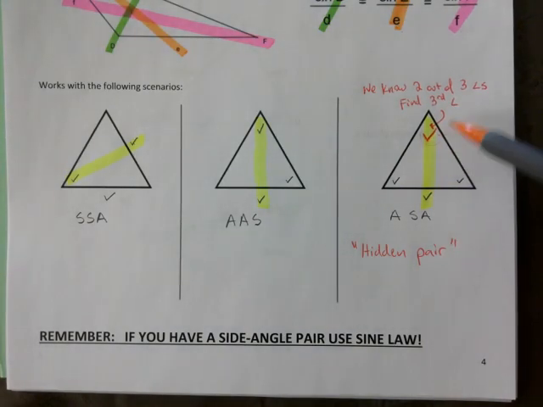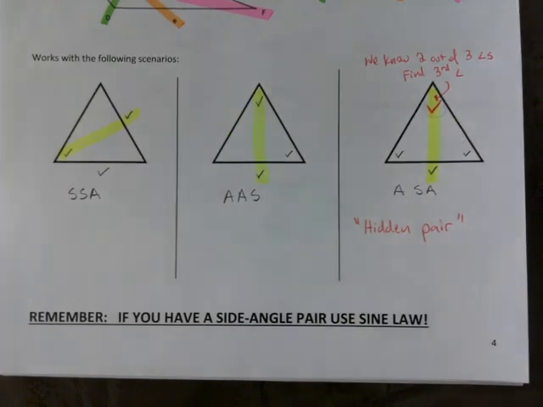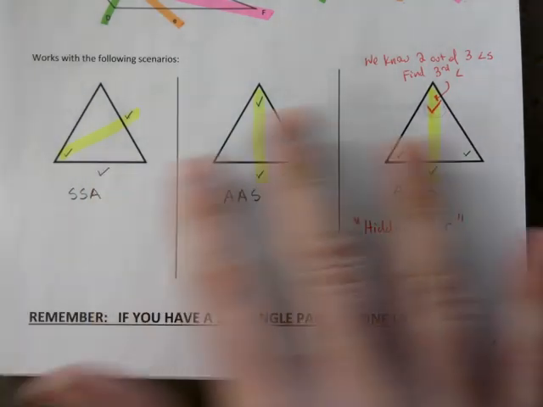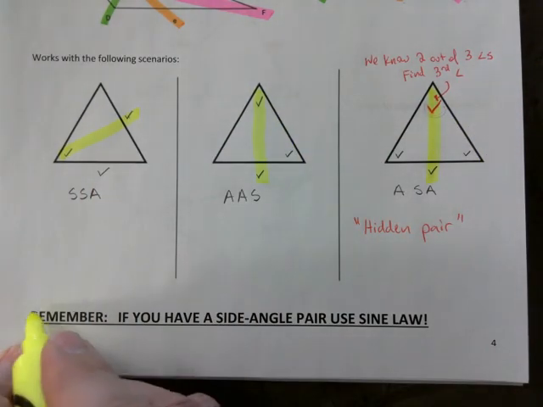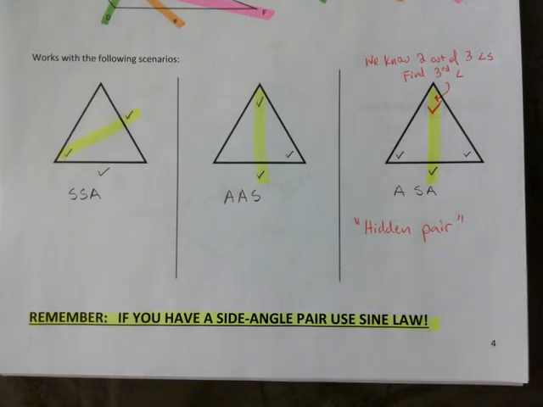So that one is easily found, right? If you have two, you can find a third, and you're good to go. So what I want you to remember out of this whole thing is this one down here. If you have a side angle pair, we use sine law, just as simple as that.